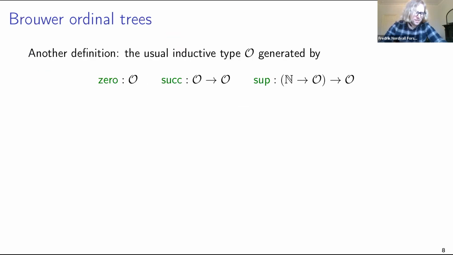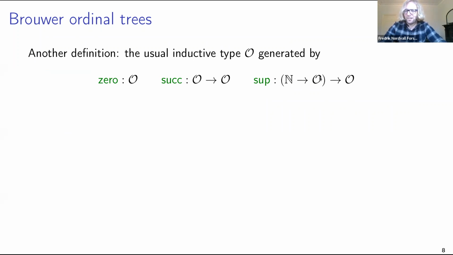Okay, so let's consider another variation, which is also quite well known from before HoTT, I think. This is the idea that an ordinal is something you get if you take the ordinary natural numbers, so 0 and successor, and then you throw in one more constructor, which is the limit constructor or the supremum constructor.